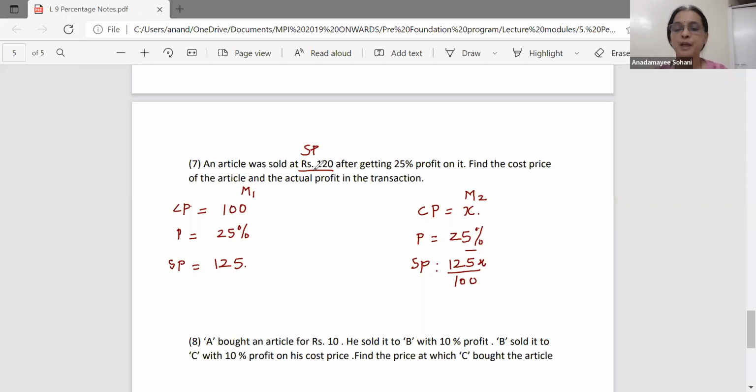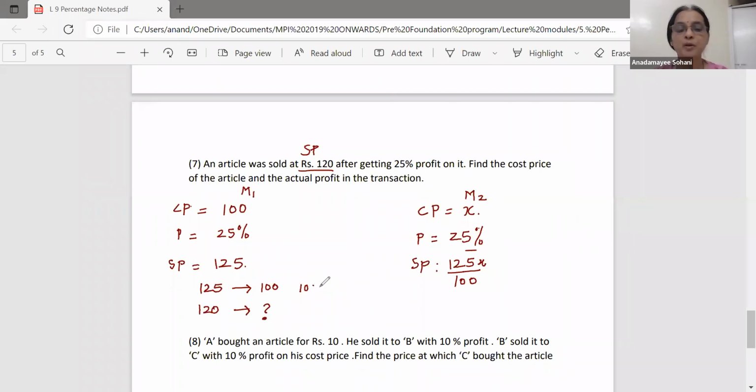Now, what is my sale price? 120. So how do I do it? If my cost price was 100, my sale price would be 125. So if my sale price is 120, what would be my cost price?